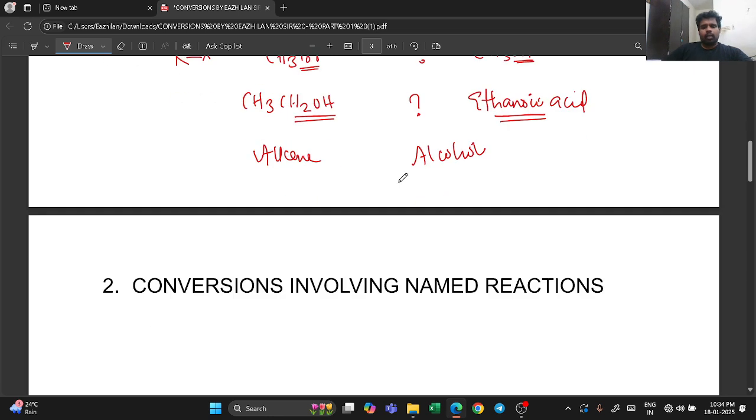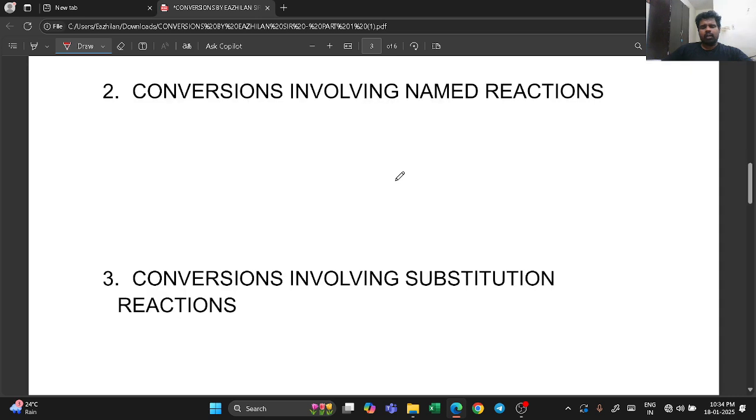Then the next type of conversions is very familiar ones, I told you, name reactions. One example: convert bromomethane to butane.